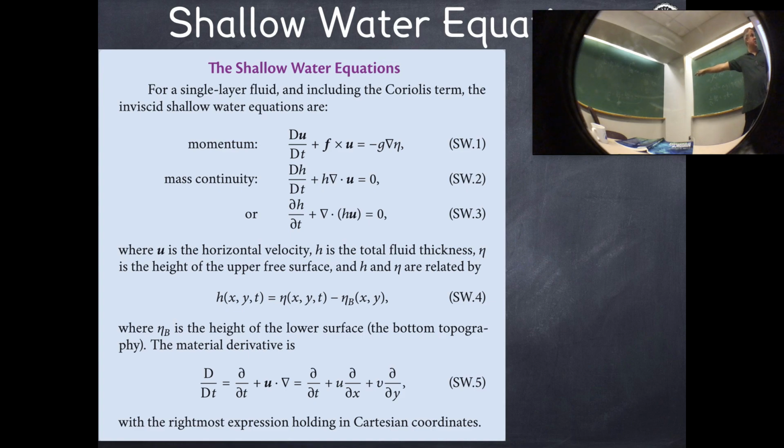So we've used the continuity equation to eliminate W. So we just have a thickness equation. We have a U and V equation, and a thickness equation, which can be written either this way or this way. So we have H, U, and V, and eta.